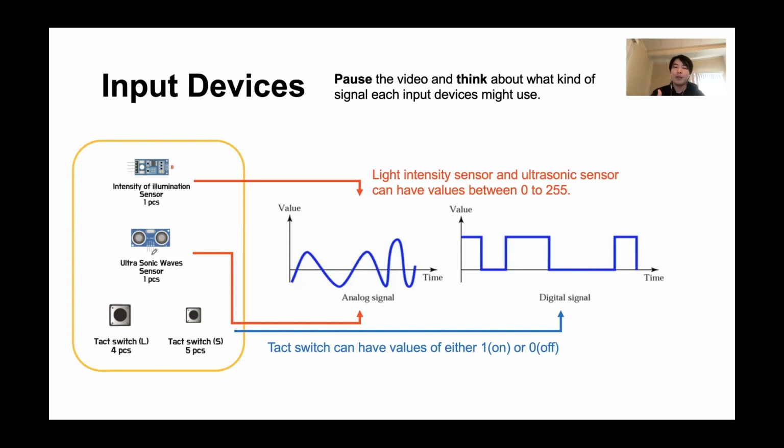So it has to be able to pick up what distance it is, not just whether it is far or close. No, no, no, we don't want that. We want exact distance. That's why it makes sense that ultrasonic is analog. Now, what about the switch? Well, this switch is not a dial switch. So it makes sense that this is digital because it's either on or off.